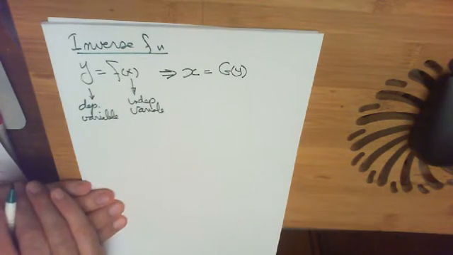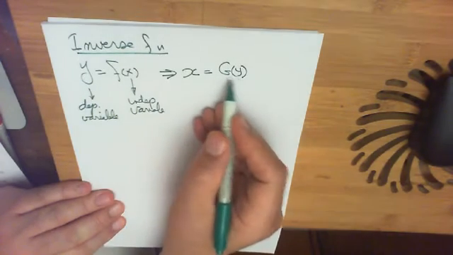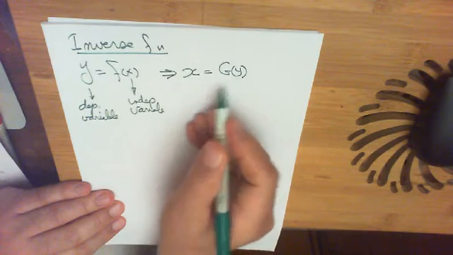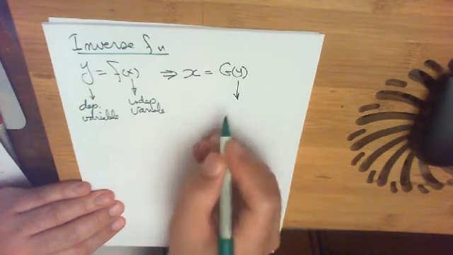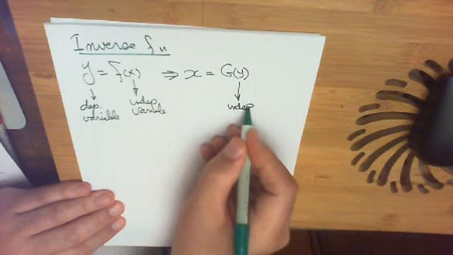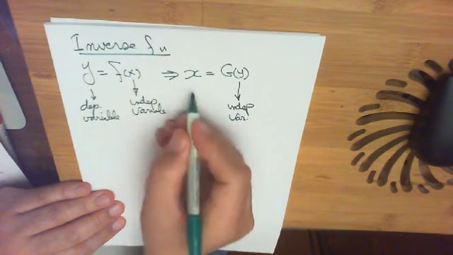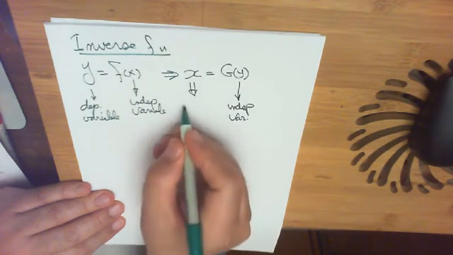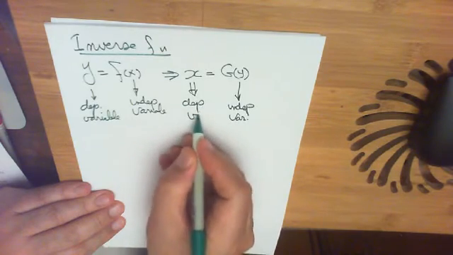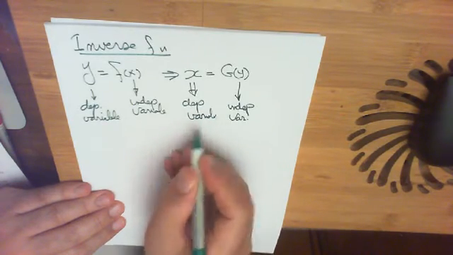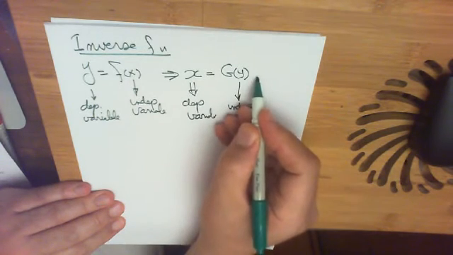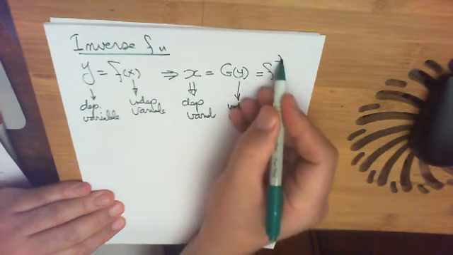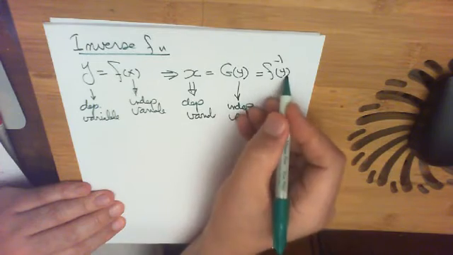If we can express x in terms of y, this is called the inverse function, where in such a case y is transformed to be the independent variable and x will become the dependent variable. This is referred to as f minus 1 of y.